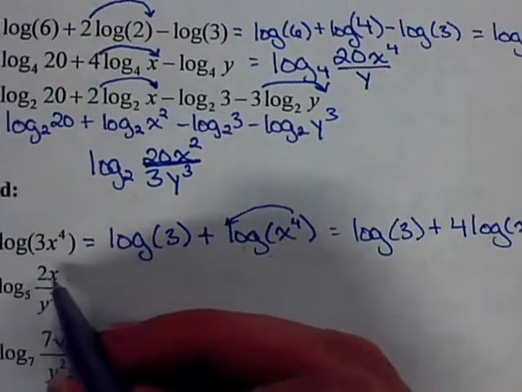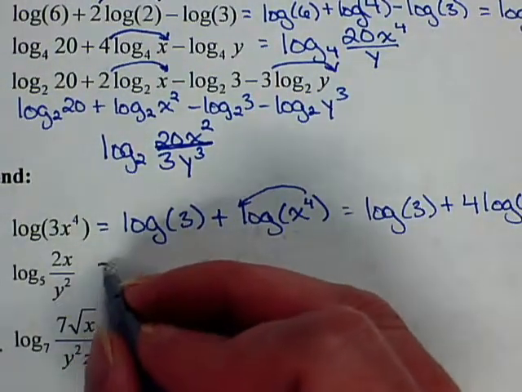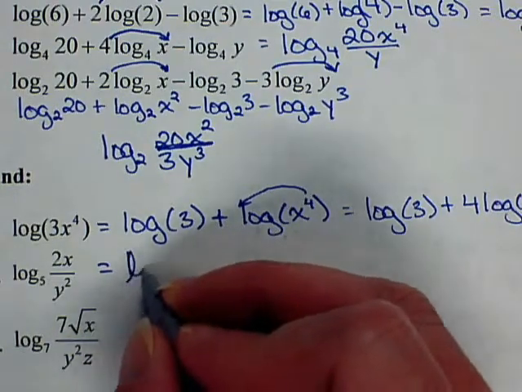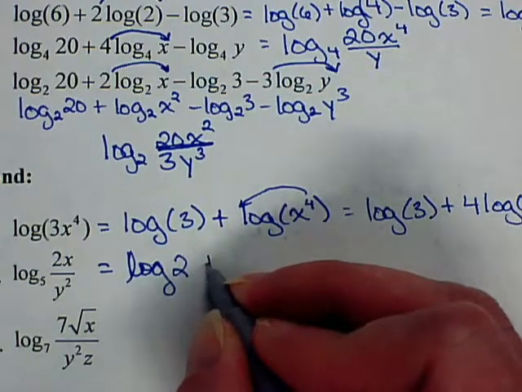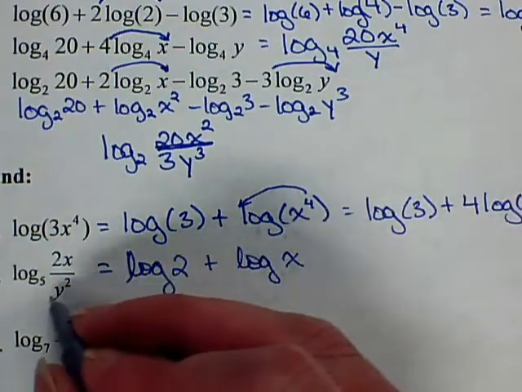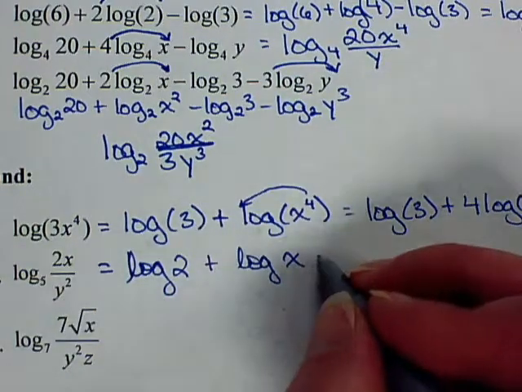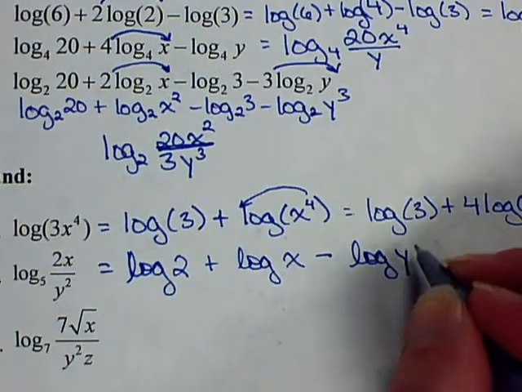We also want to undo any exponents in here. Exponents end up going out front. So that's going to be log of 3 plus 4 log of x. Now these are in the numerator. They're the ones being multiplied, so those would get added. We can actually do this all in one step, couldn't we?